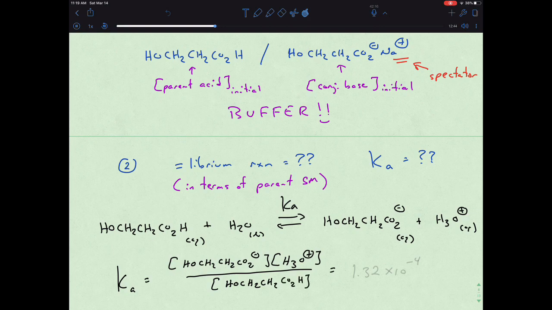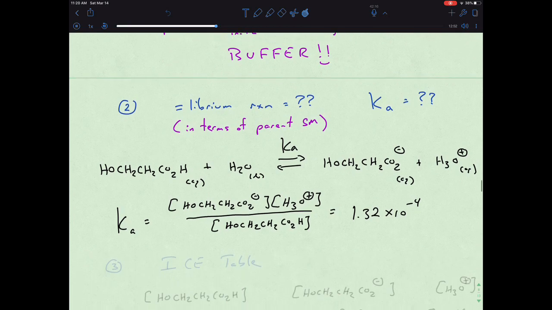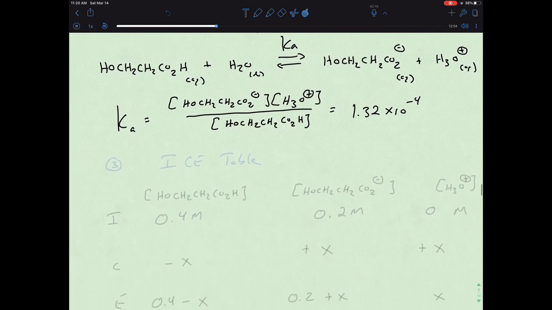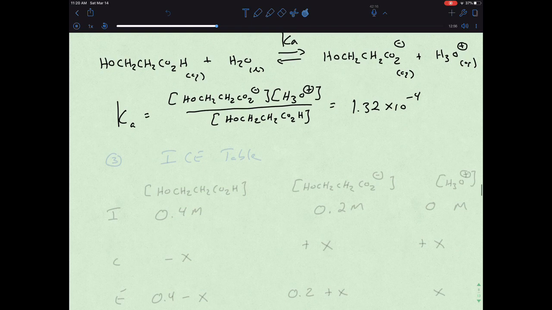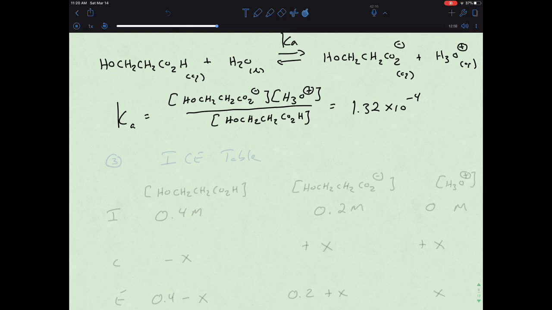And that Ka is equal to 1.32 times 10 to the negative fourth. Now that we have our Ka set up, we know the important players. This is where we look to the ice table to organize the data for us.